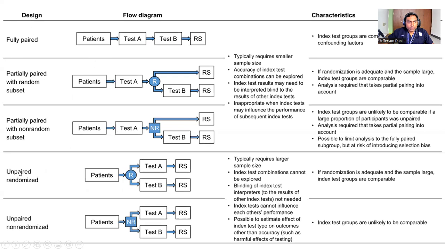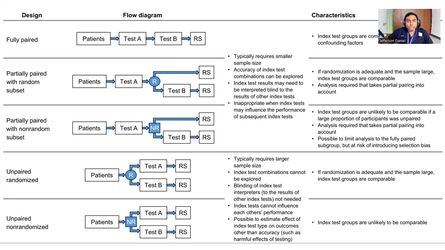So I told you there are five designs of comparative studies. This is a pictorial representation of that. A fully paired study design is nothing but your single gate method. Patients will undergo test A, test B, then the reference standard. This is your fully paired. Then there is a partially paired with random subset, because you are unable to do tests for everyone.